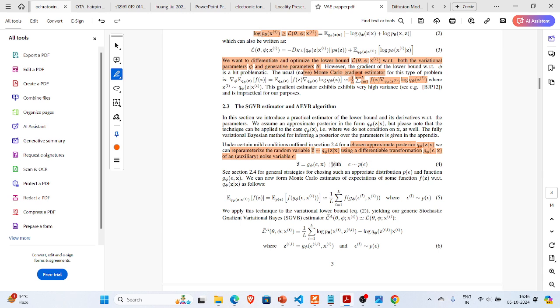So this is our function g with parameter phi with e and x, and this is z.